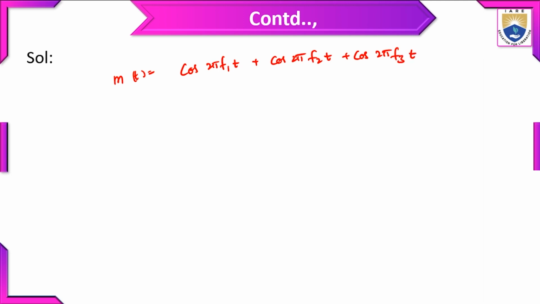Because they have given three frequency components 100, 200, 400. That means f1 is 100 Hz, f2 is 200 Hz, and f3 is 400 Hz. Okay, these are the frequency components.